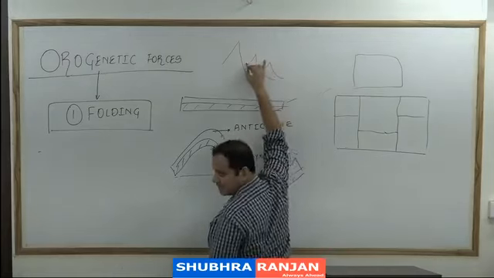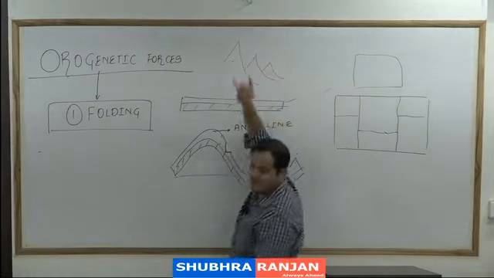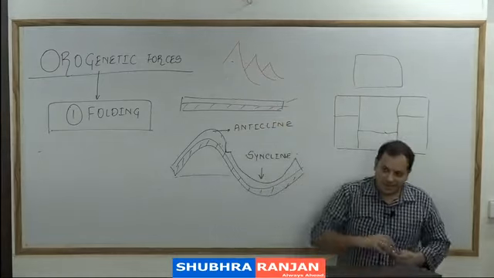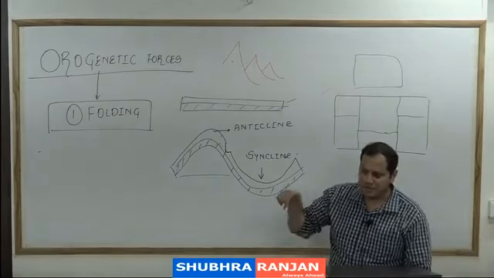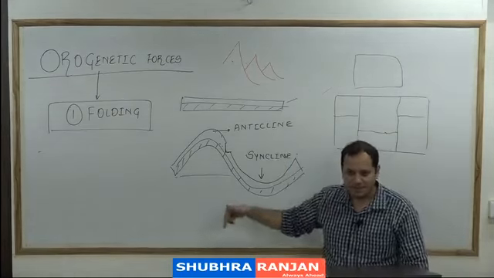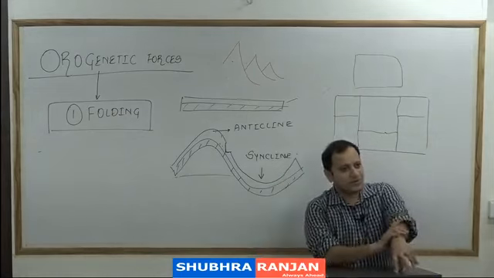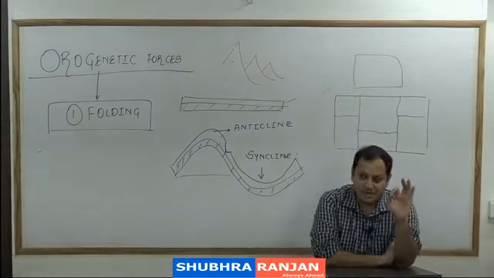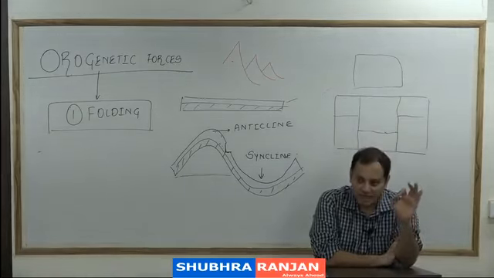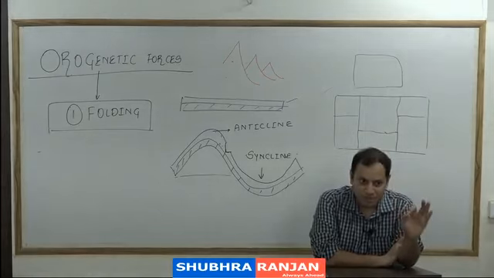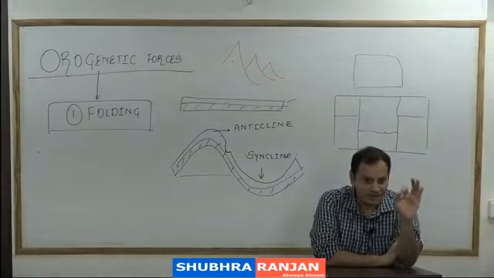What is this? This is syncline. What is this? This is an anticline. Because forces are still being applied, over the period of time there will be anticline and syncline here too. It is not necessary that every mountain has anticline and syncline, but fold mountains always have anticline and syncline. Block mountains will not have anticline and syncline.